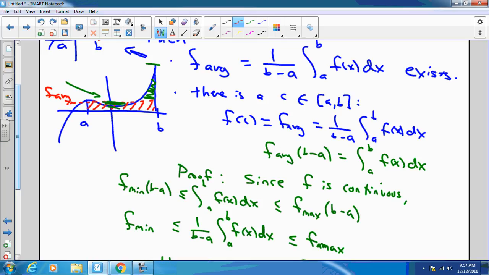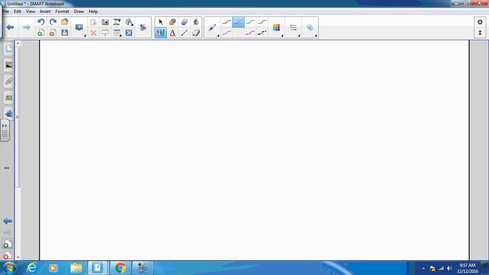Okay, now we've got a brand shiny new concept, the average value, and we've got a theorem that guarantees average values for any continuous function. Let us now go to the fundamental theorem of calculus part 1 and use that new tool. FTC.